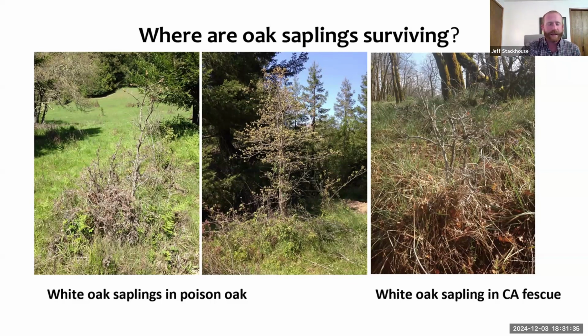And then one of the other places we'll see it come out a lot is through Himalaya blackberry bushes or in poison oak patches. And one of the things that I'll point out here is what I call the pumpkin look. If you look at this image on the left, there's a bush of oak seedlings that are continuously being browsed by deer or livestock, and then eventually one gets to stick its arm out and reach for the sun, and become the green growing part of the pumpkin, if you will.